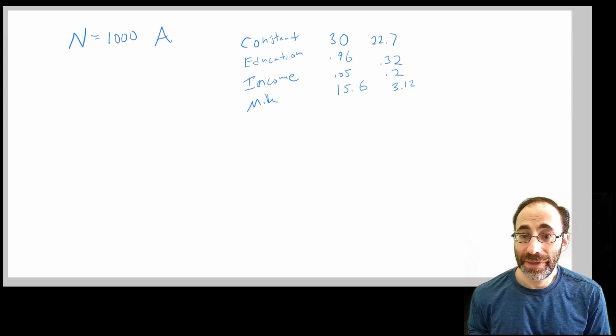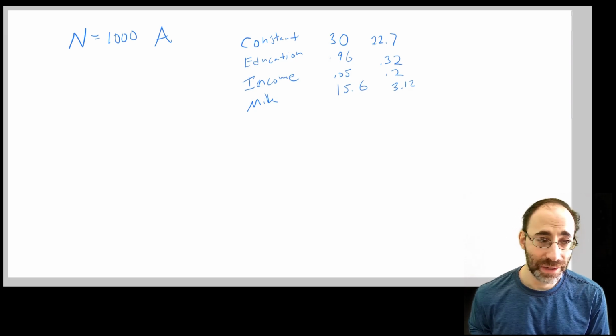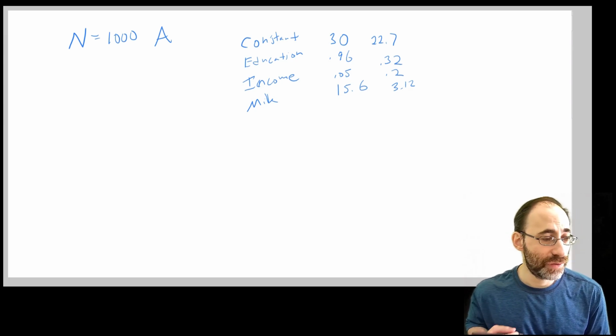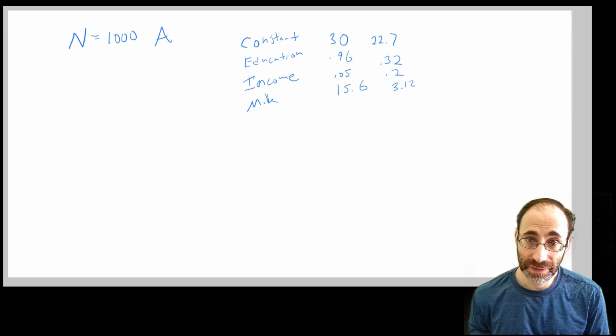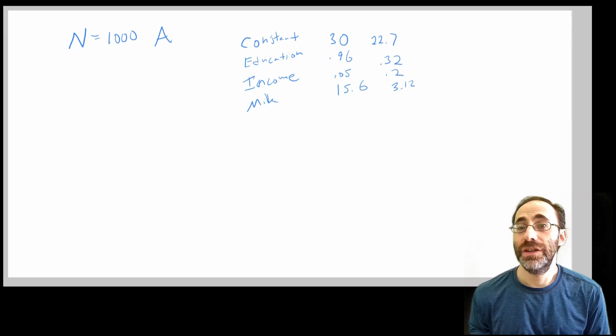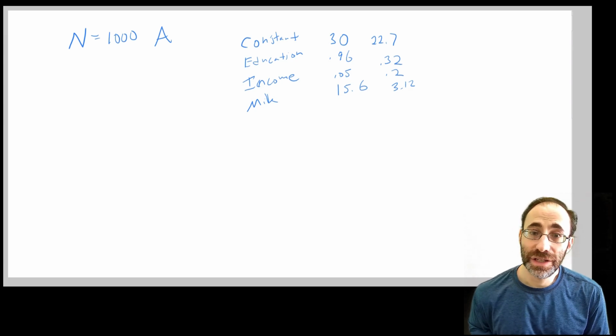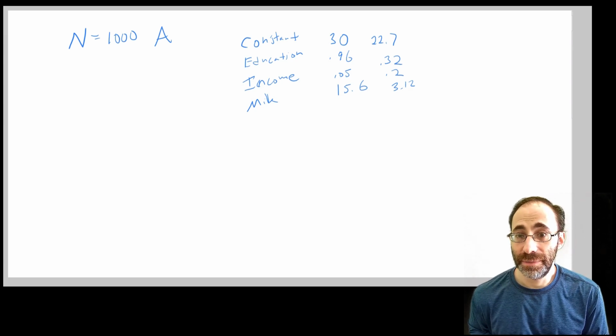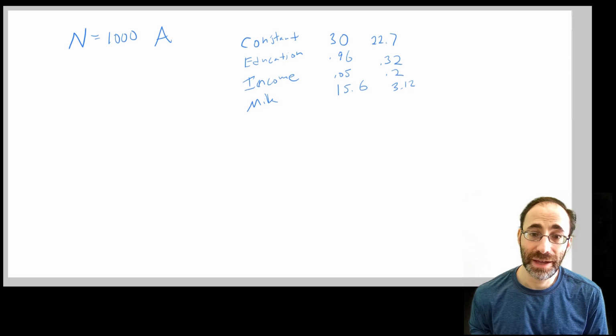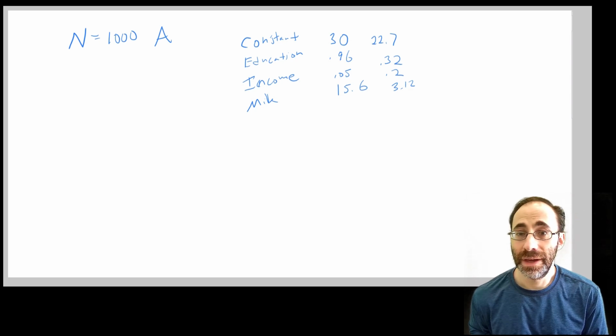When we do the regression, we get these estimates. What does that mean? Well, for each year in education, because we're measuring education in years here, for each year of education you have, you increase your chance of voting for A by 0.96. That's what this means. Income means for each $1,000 you make in income, you increase your chance of voting for the candidate A by 0.05.